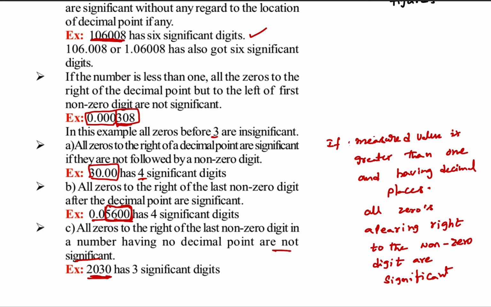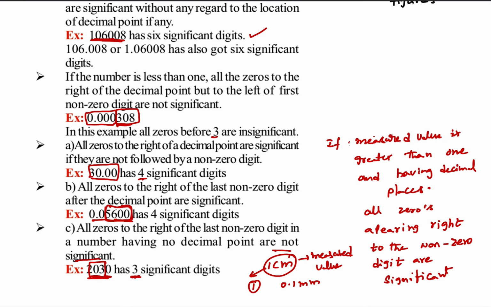All zeros to the right of the last non-zero digit in a number having no decimal point are not significant. So if it is 2030, this 2030 has significant digits of 3 only. The reason is, suppose I take 1 centimeter measured, the value is 1 centimeter.